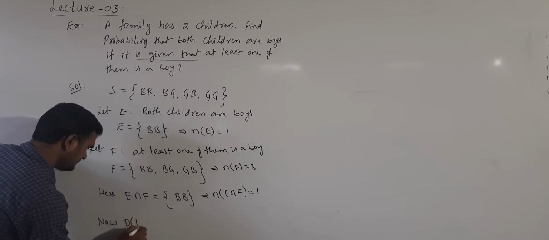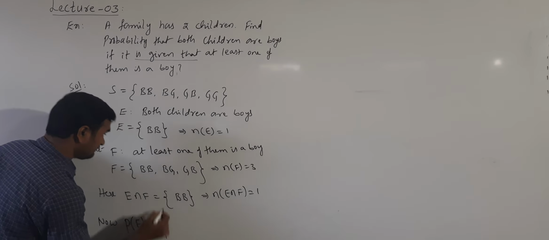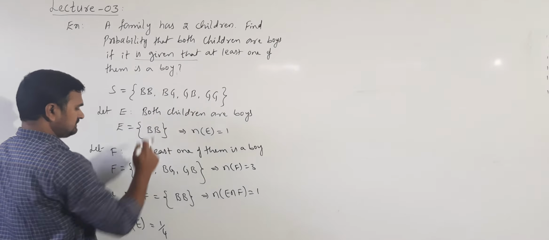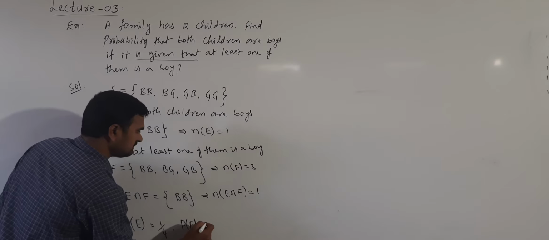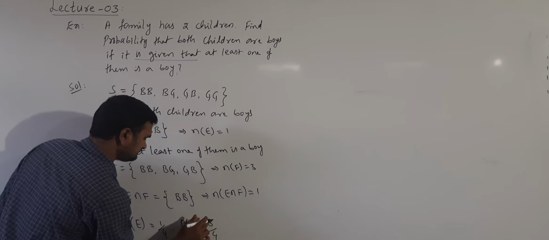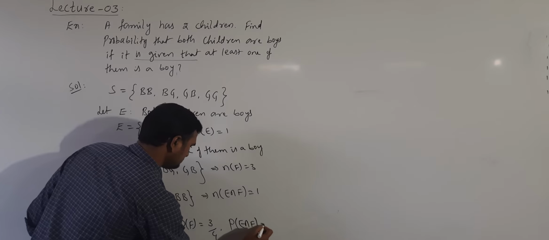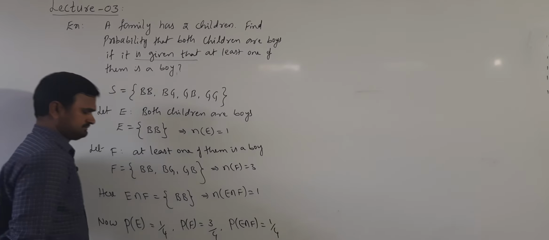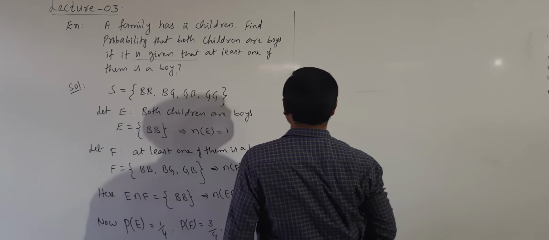The probability of E is 1 out of 4, since n of S is 4. Next, the probability of F is 3 out of 4, and the probability of E intersection F is 1 out of 4. Now once we know all the probabilities, what do we require?